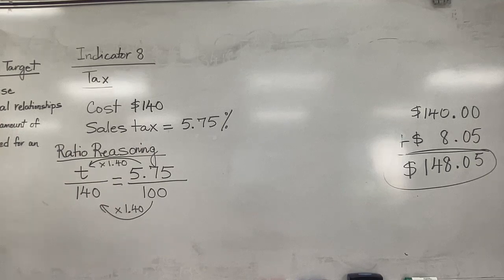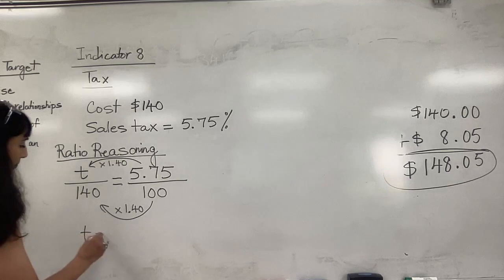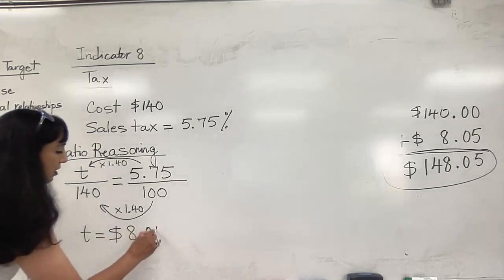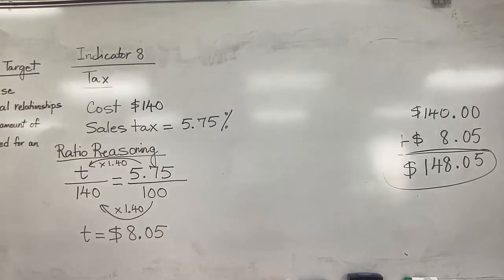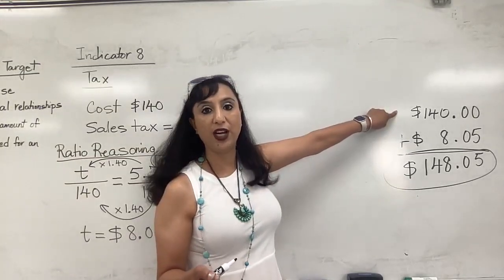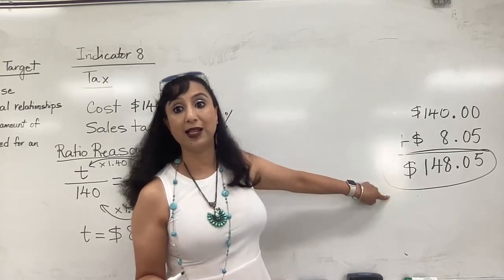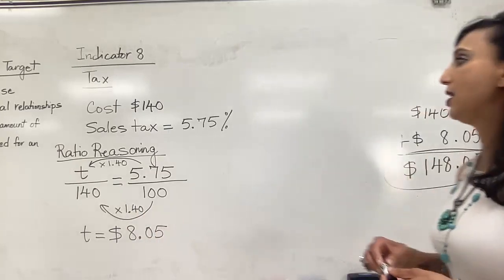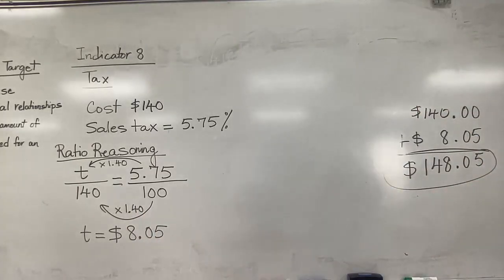Okay, and then when I multiply 5 and 7500 times 1 and 4000, I am going to get my tax, same value that I just did, which is $8.05. Okay, and then I am going to again take this and add it like I did over here. So I'm going to end up with exactly the same answer, which is $148.05. Okay, so this is the ratio reasoning method.